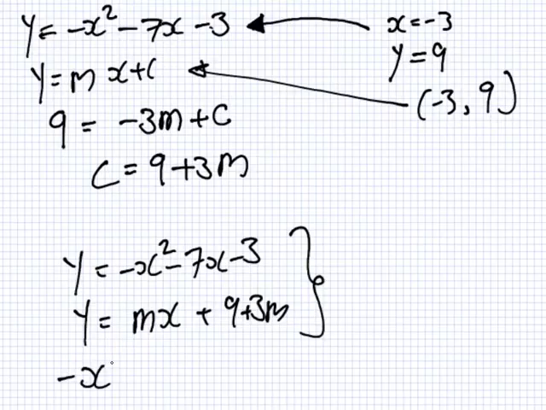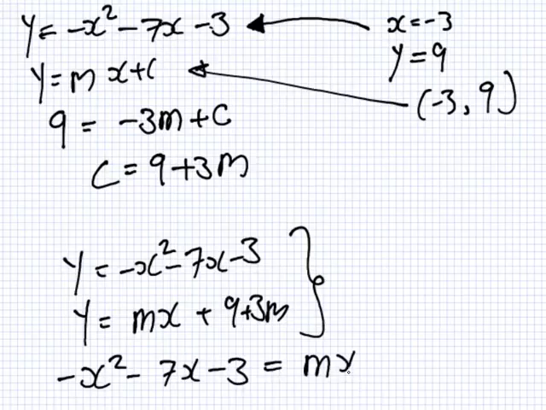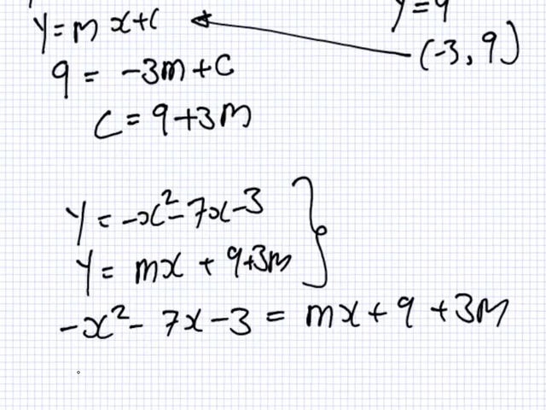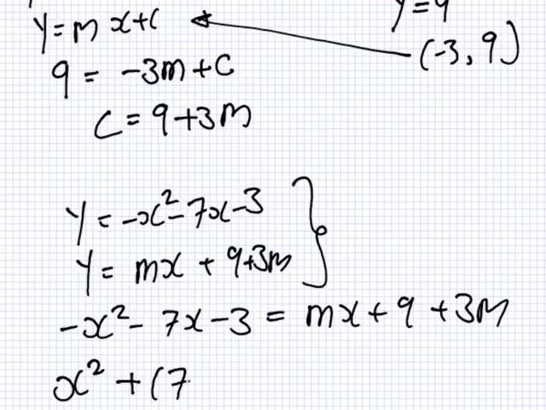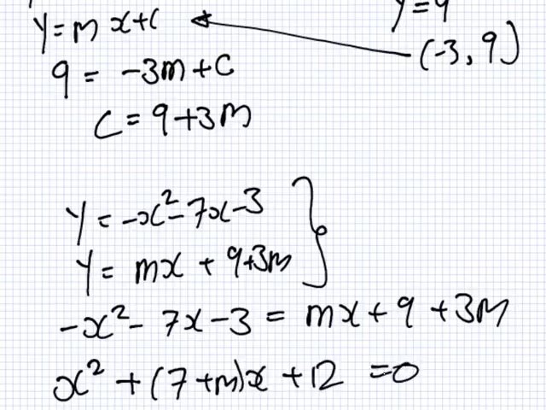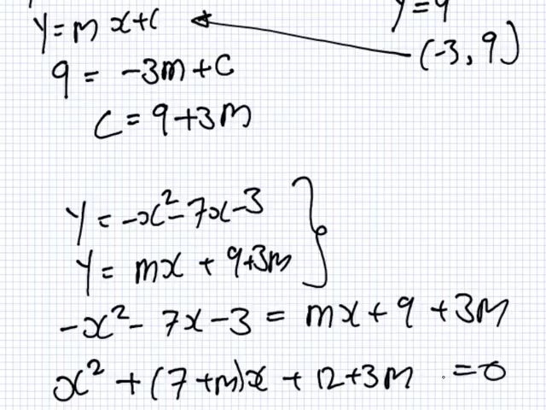So we get minus x squared minus 7x minus 3 equals mx plus 9 plus 3m. So we get x squared, if I take this to the right, plus 7 plus mx plus 12 plus 3m equals 0. Is that right? Yeah.